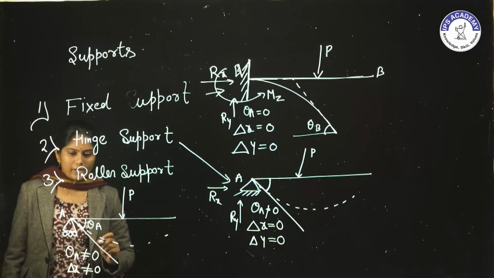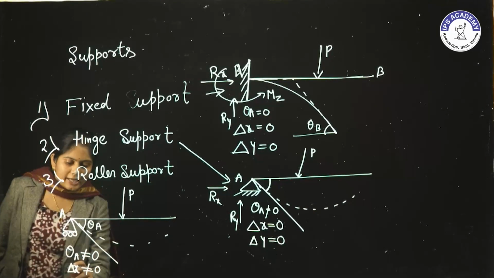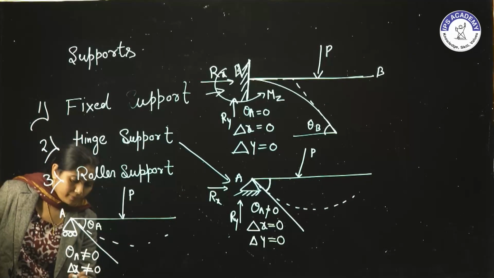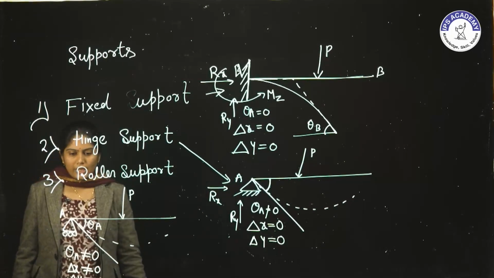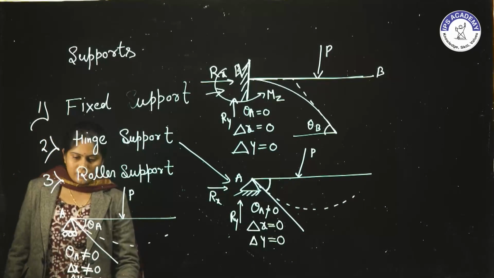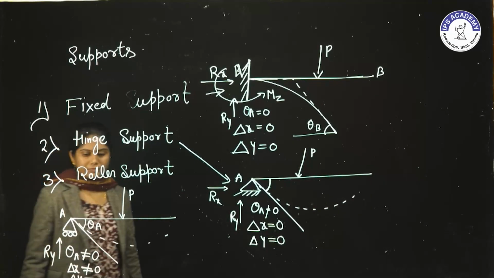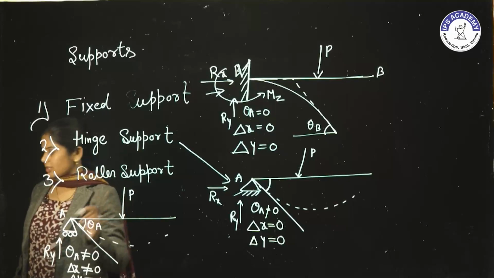At the point A theta A is not equal to 0, del x also is not equal to 0 but del y equal to 0. So here only one reaction, that is Ry. So these are the support reactions.